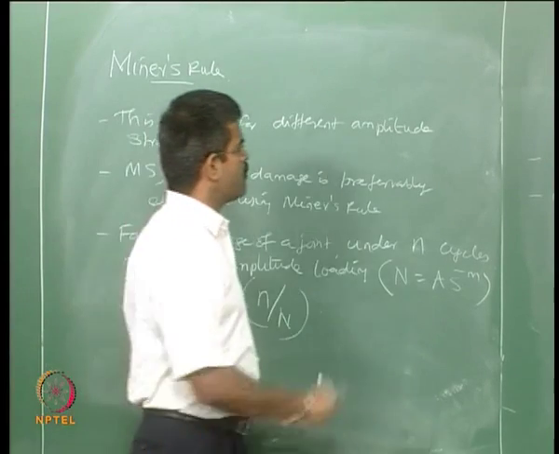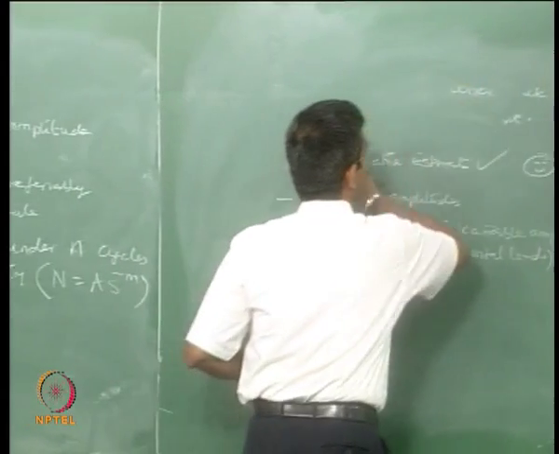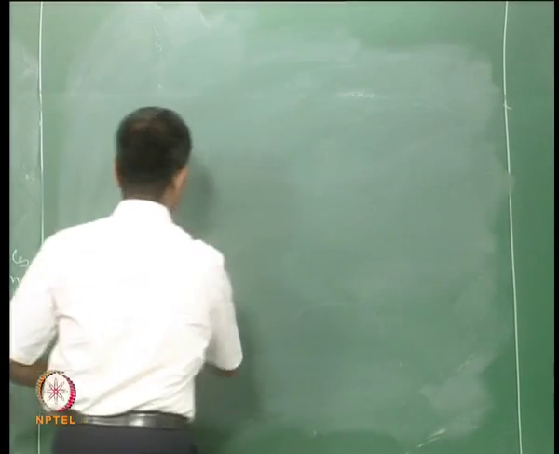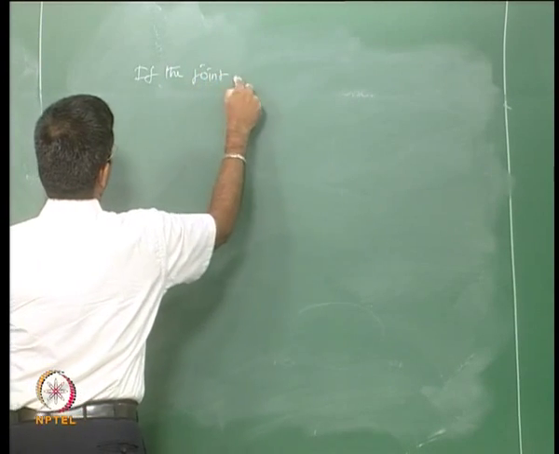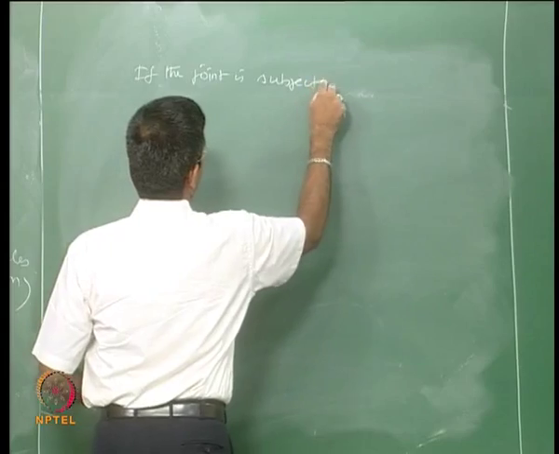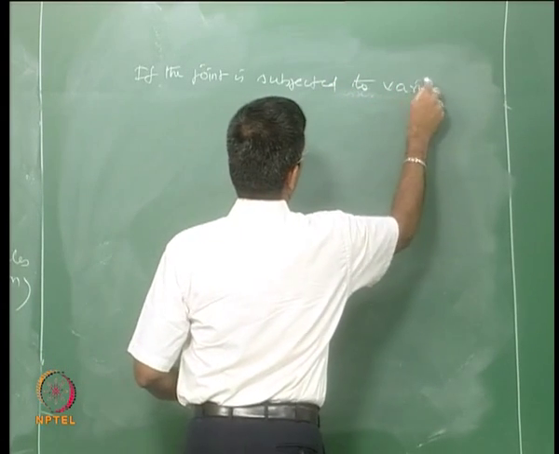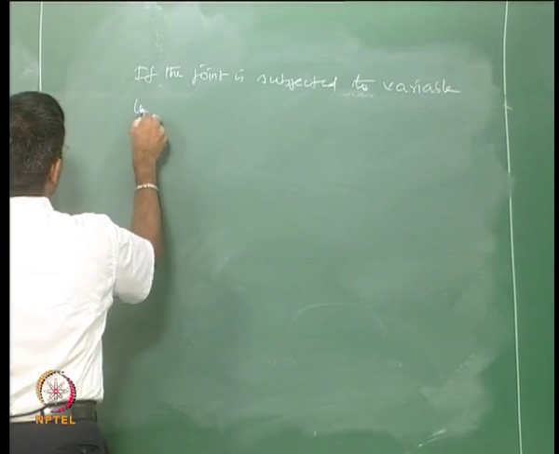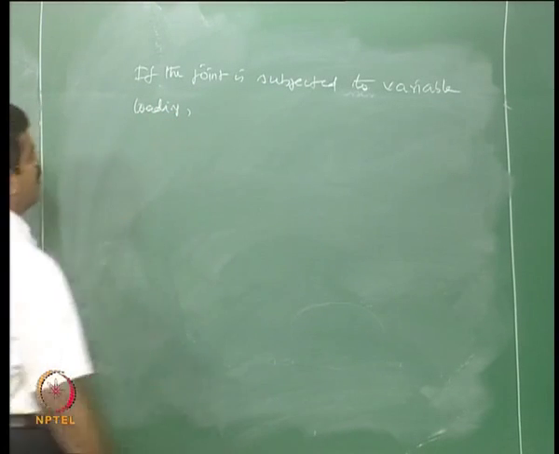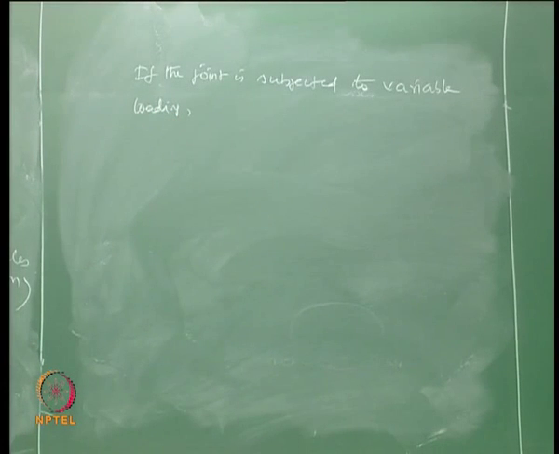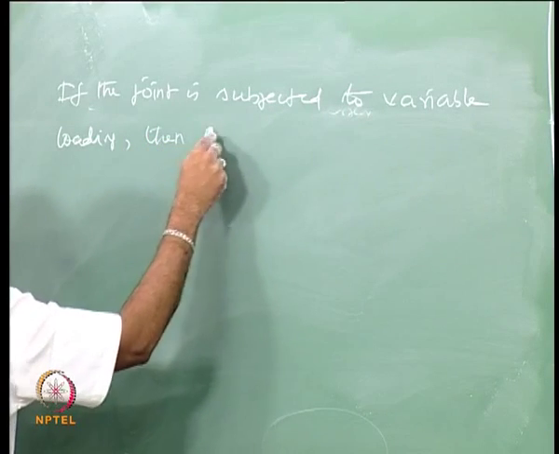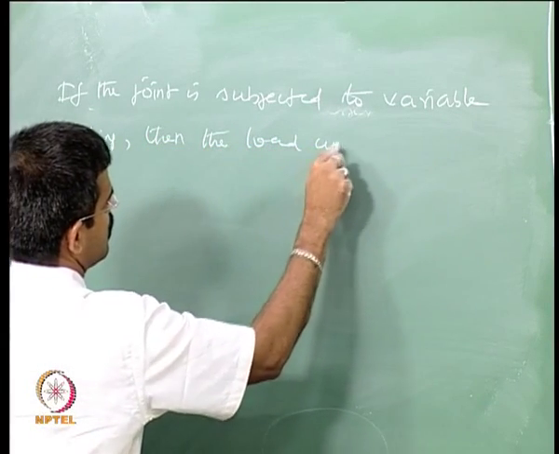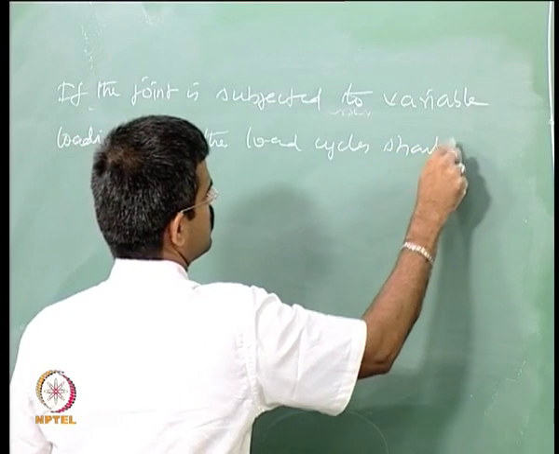If the joint is subjected to variable loading, as in the case of marine structures under environmental loads, then the load cycles should be divided into groups.